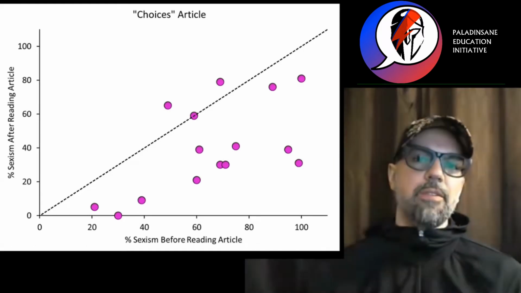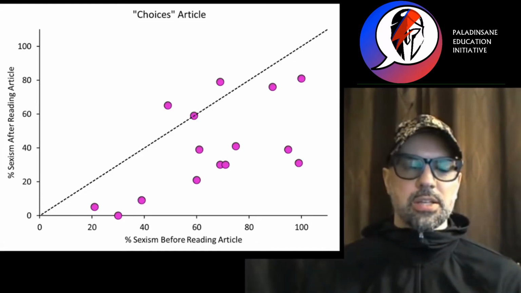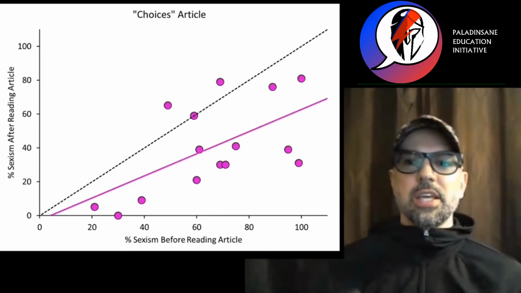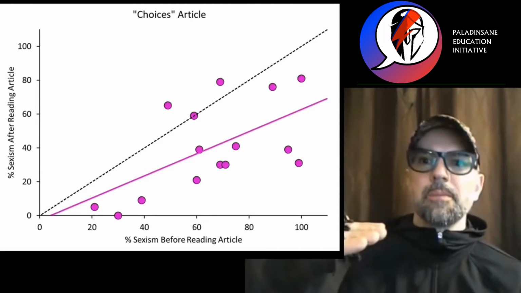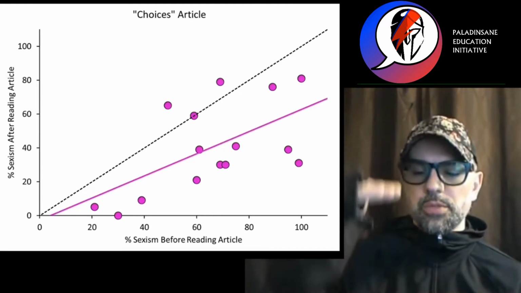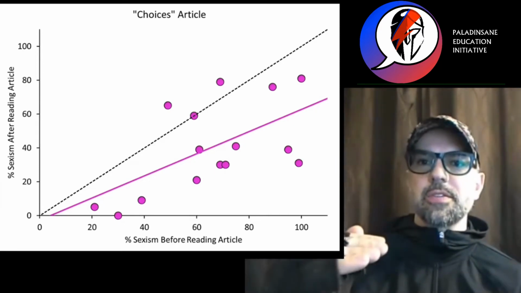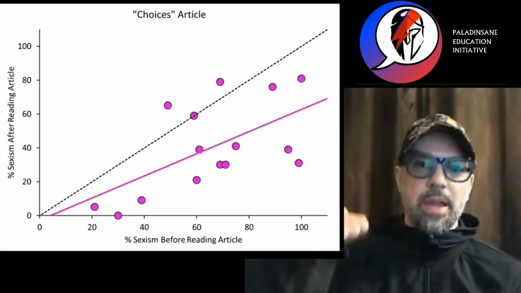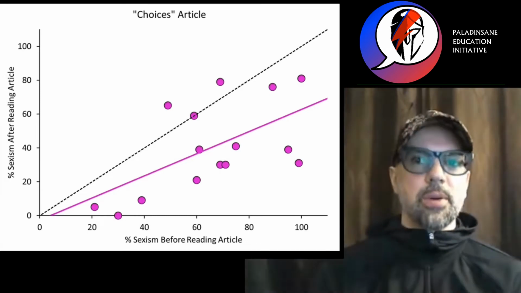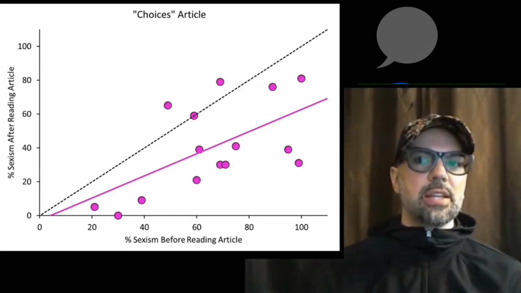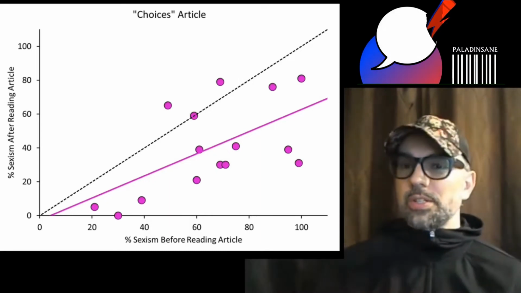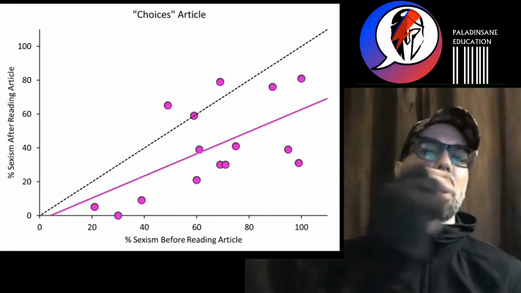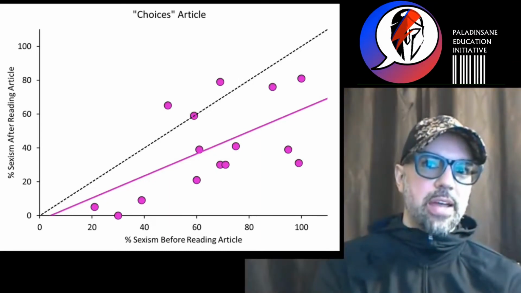Importantly, if we fit a line to those points, you can see that on average, their judgment of the percentage of the pay gap that was due to sexism went down. So their judgment was influenced by the information that they just received, which is extremely gratifying because that goes opposite to confirmation bias.